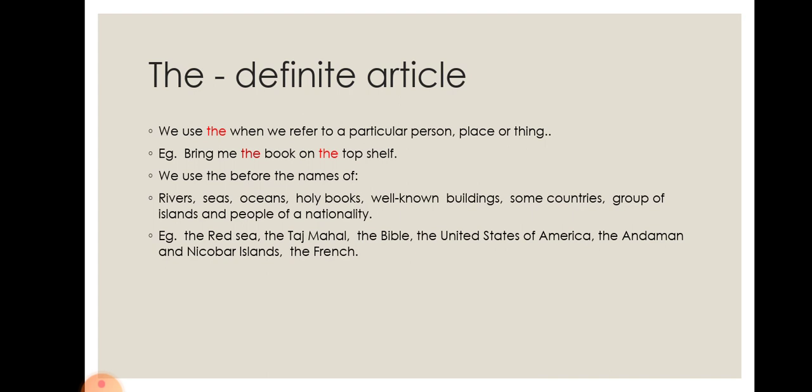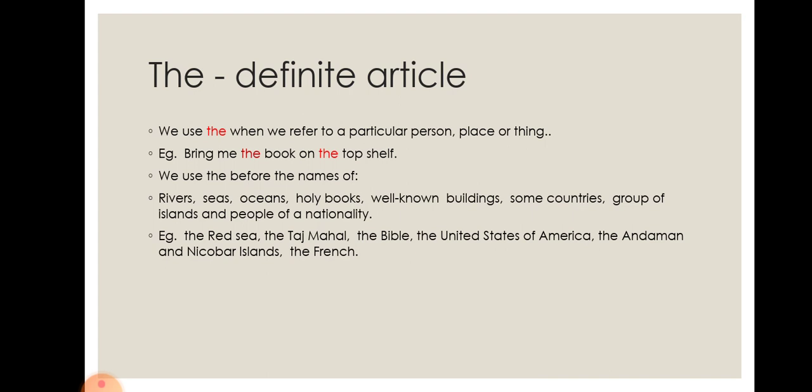Just see: bring me the book on the top shelf. Here we get a clear idea that the speaker is referring to the book which is on the top shelf, and at the same time we won't think about any other book, isn't it?